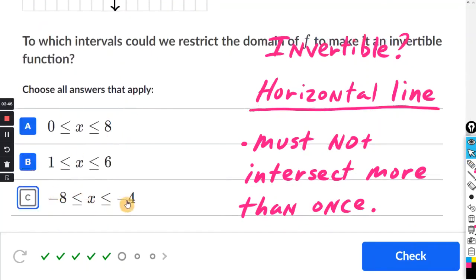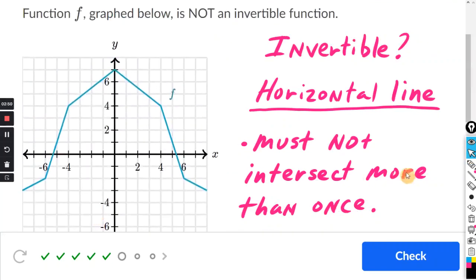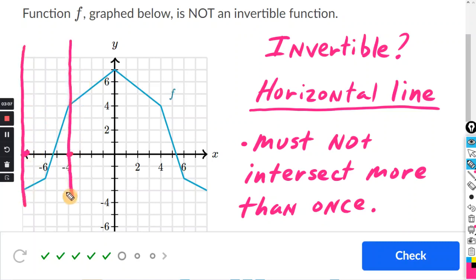Now between -4 and -8, and it has the equal sign, so it includes both. If we go to -4 on the x-axis right here, and -8, here's 5, 6, 7, 8 right here, we are restricted to this domain between -4 and -8. And I can tell already that it's going to work.